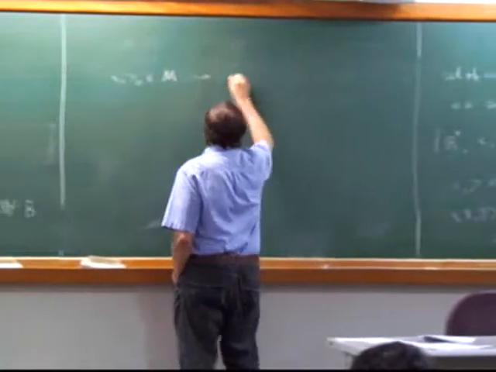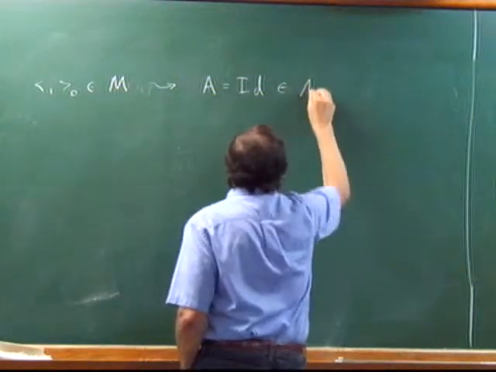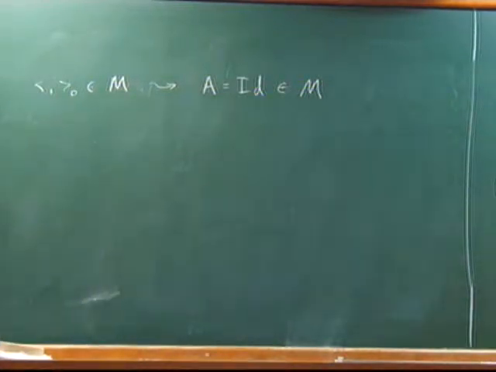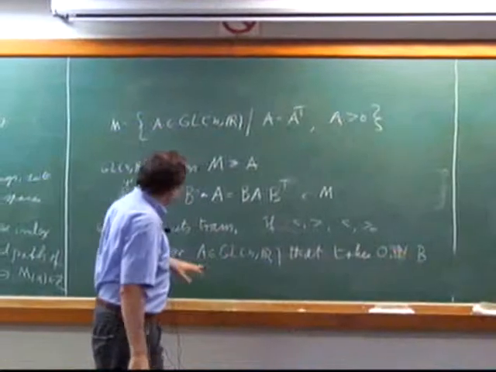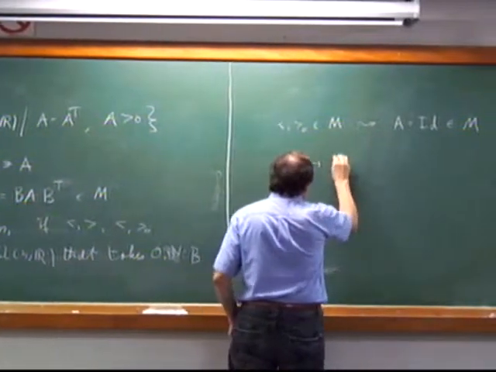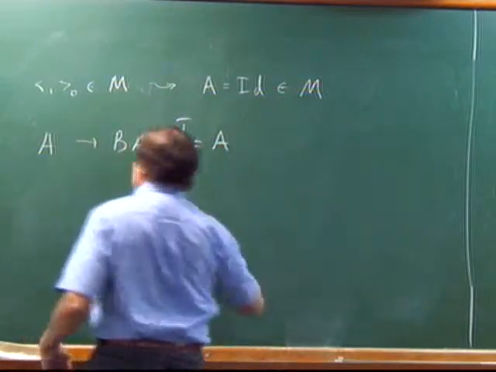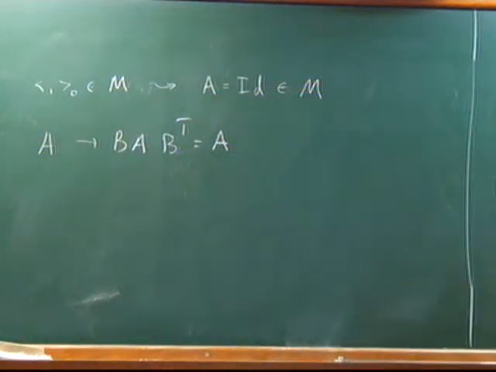So this corresponds to A equals identity inside this description of M in terms of matrices. So the stabilizer of the identity, where's the action? A goes to B A B transpose, and that should be equal to A again. That's what it means to be stabilizer.